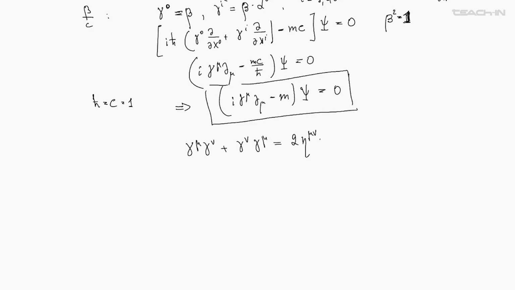And so the free algebra generated by the symbols gamma^mu, subject to this relation, is called a Clifford algebra.